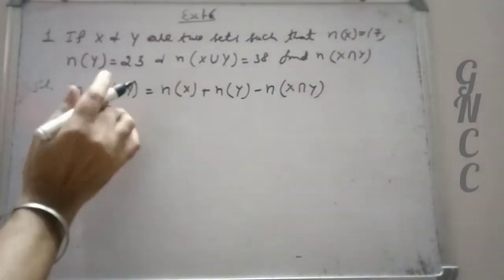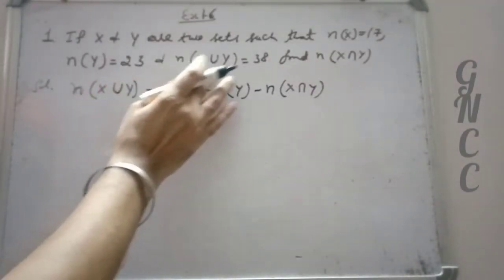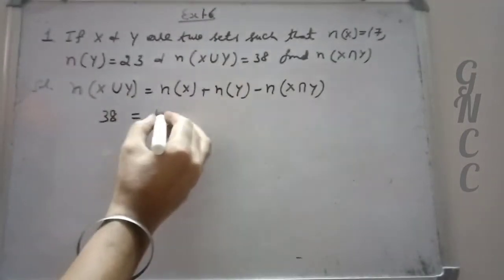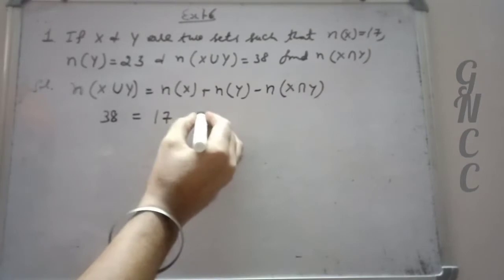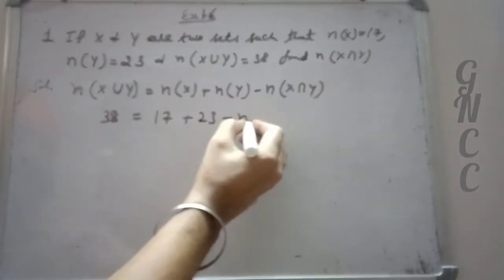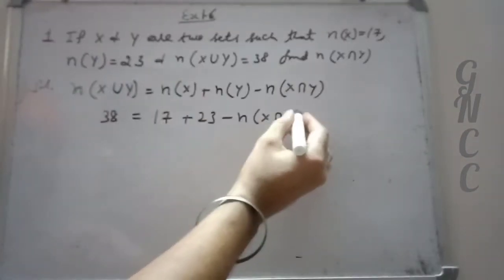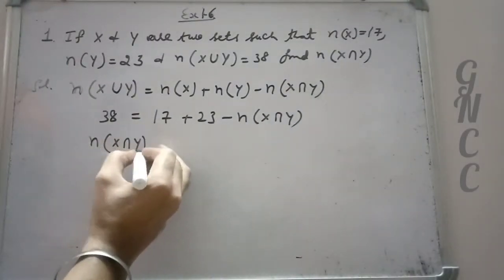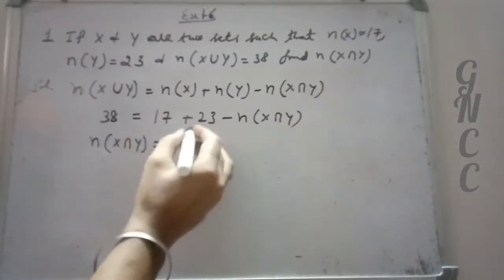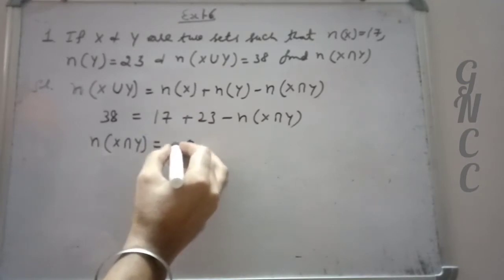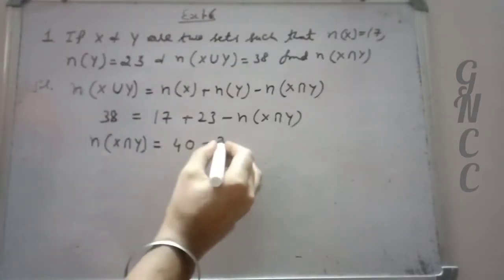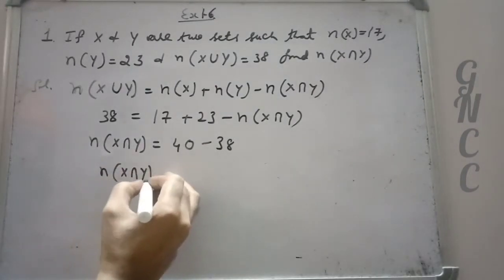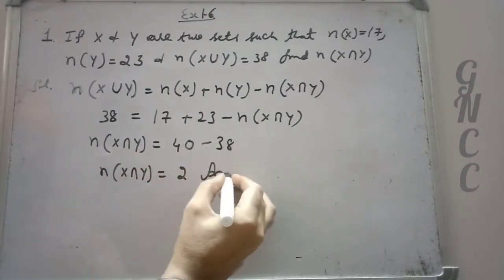This is given 38. This is 17, n(Y) is 23, and we have to find n(X intersection Y). So n(X intersection Y) equal to 40 minus 38. So n(X intersection Y) equal to 2. This is the answer.